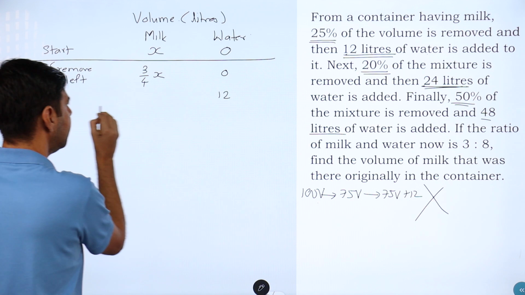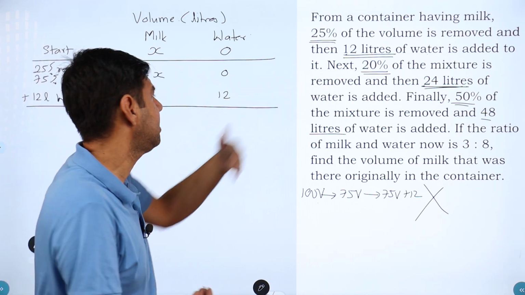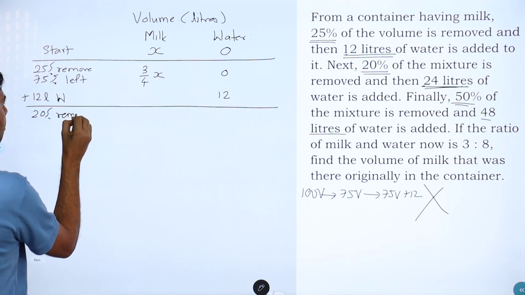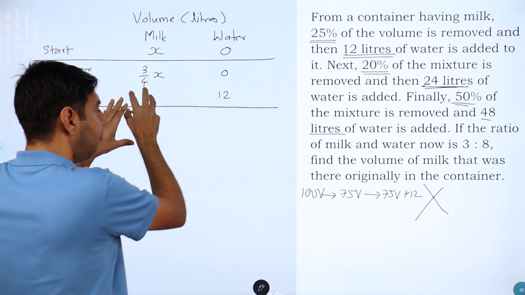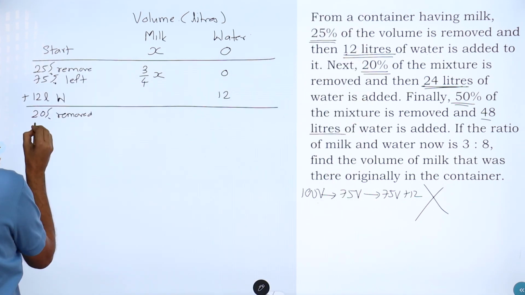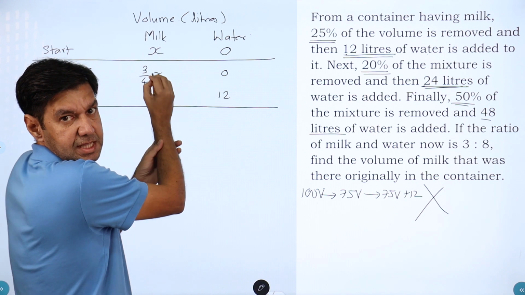The milk will not change. Once done, just repeat it. It doesn't seem very difficult. The next time 20% is removed. Don't change anything. If 20% of milk goes away, 20% of water will go away too. But I'm interested in what remains, so this is as good as 80% being left behind. 80% of this is nothing but 4/5.